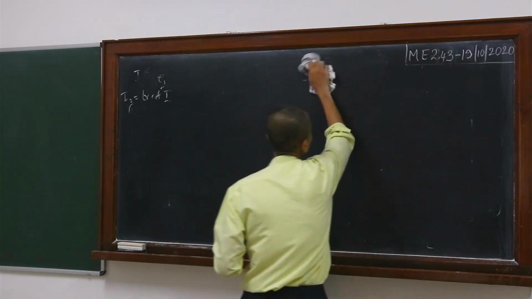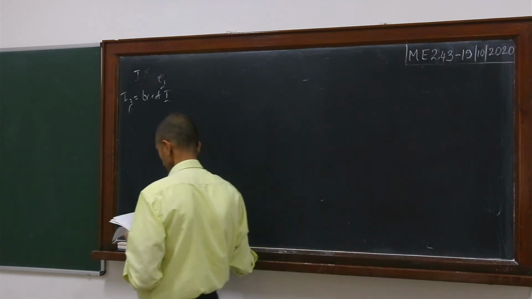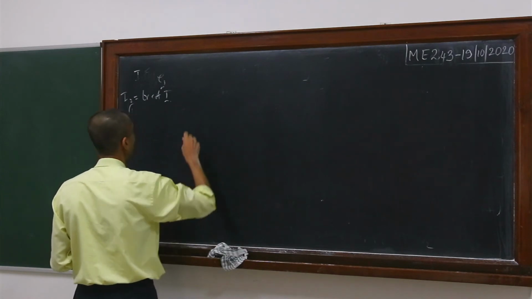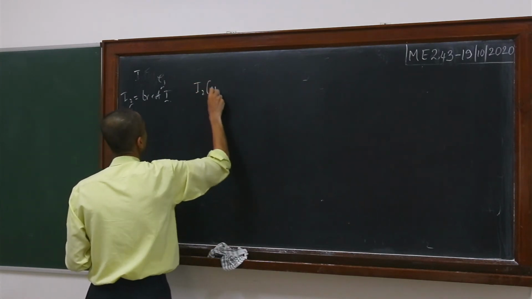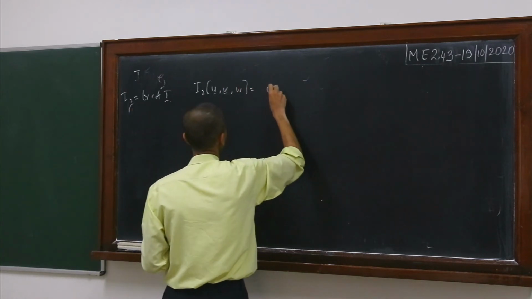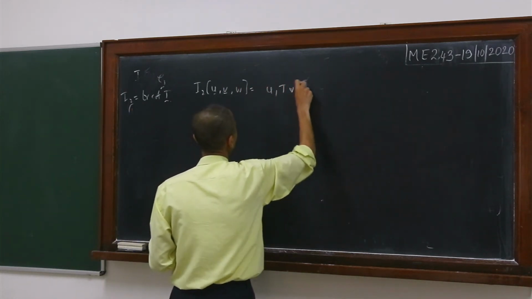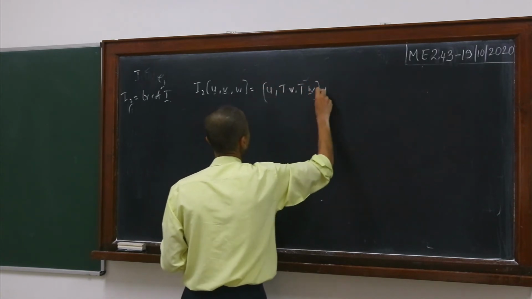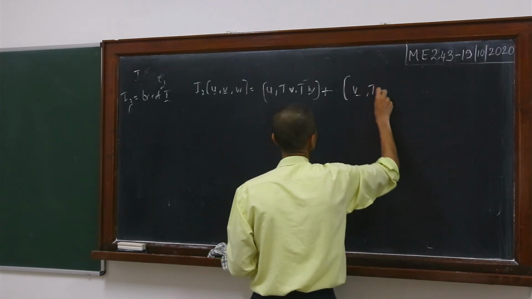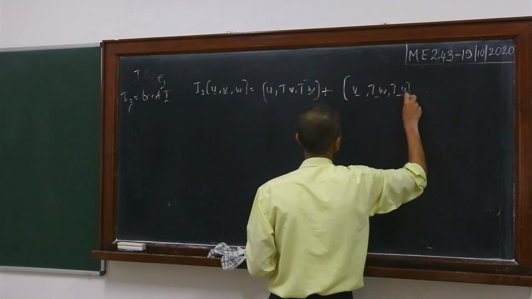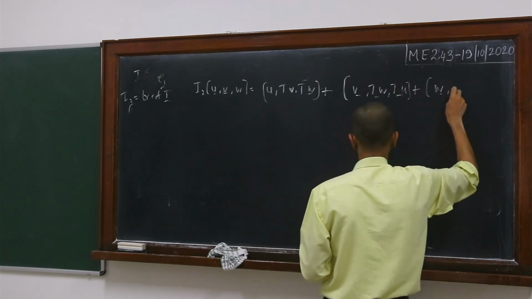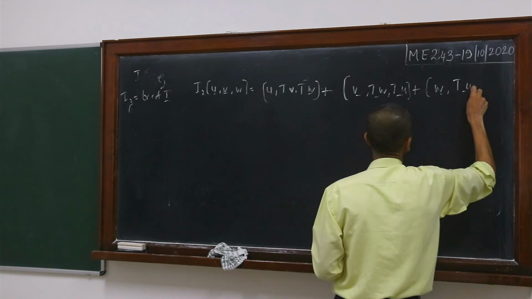All right, we will write first the expression for I2 times UVW is equal to U comma TV comma TW plus V comma TW comma TU plus W comma TU comma TV.